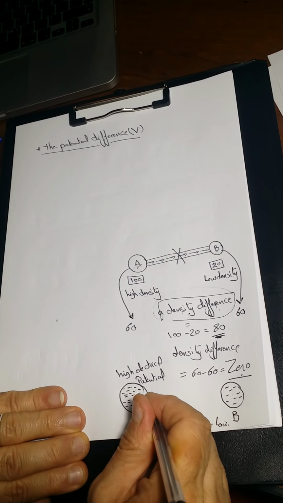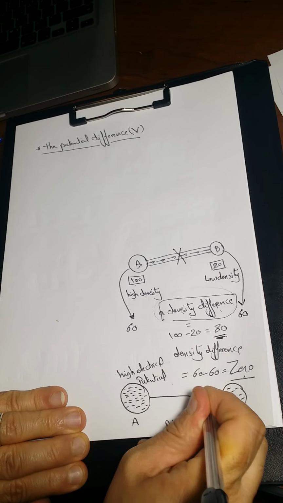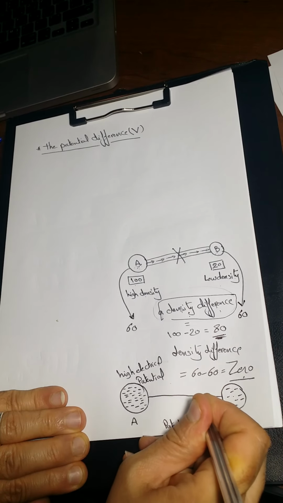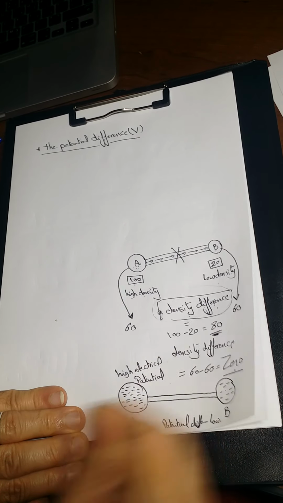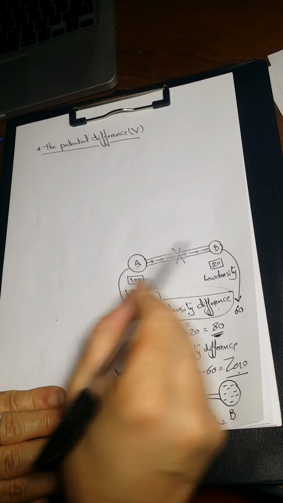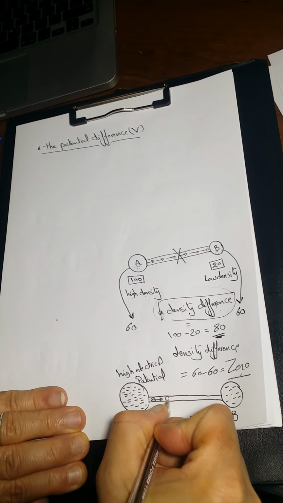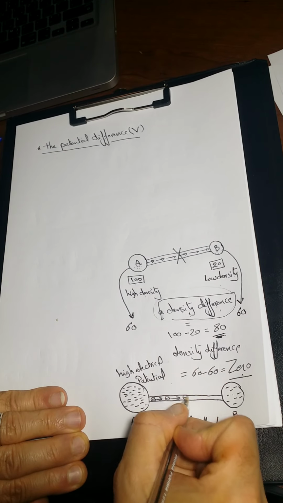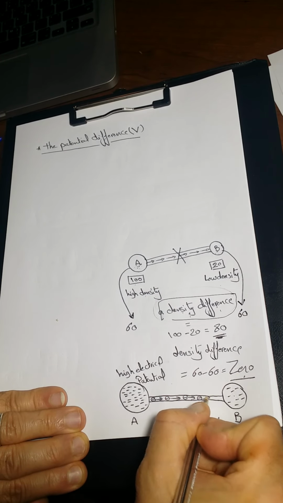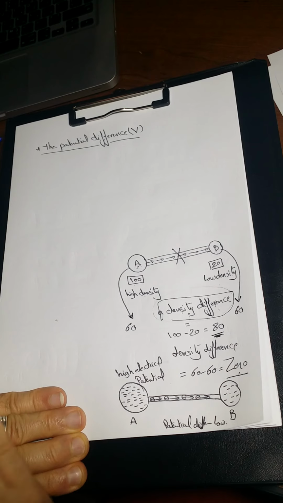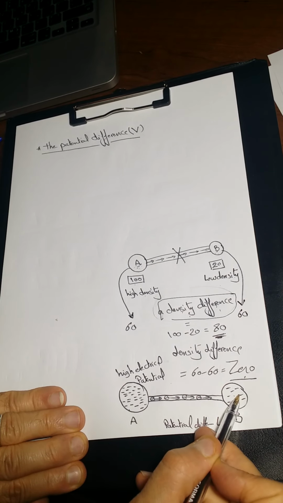So if we connect the two conductors A and B with a wire, similarly to what happened in the two classes, the electrons will start to flow or to move from conductor A to conductor B. Why did the electrons move from A to B?